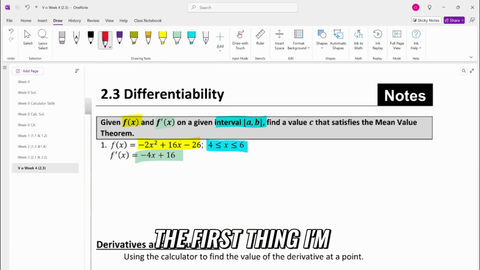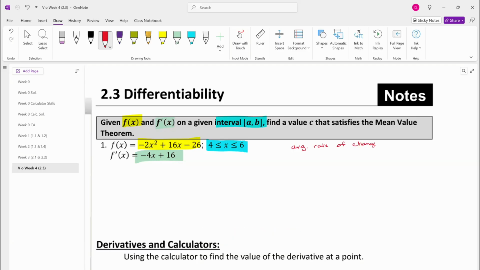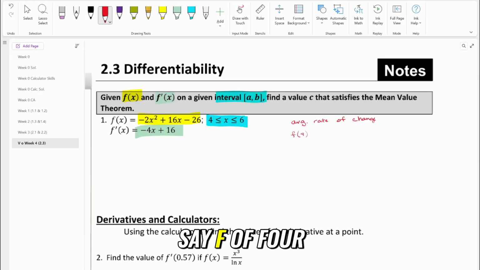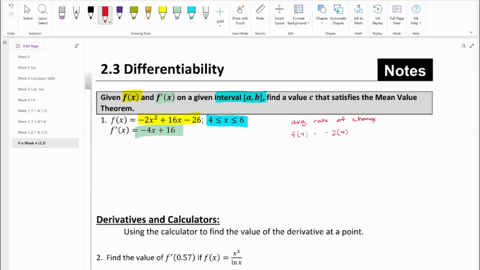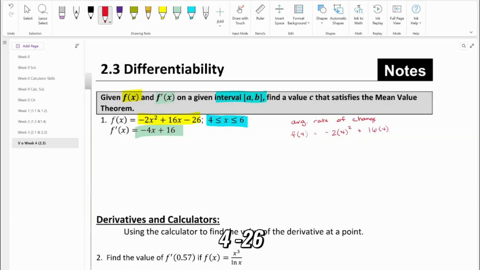The first thing I'm going to do is find my average rate of change from 4 to 6. So I'm just going to say f of 4 would be -2 times 4 squared plus 16 times 4 minus 26.